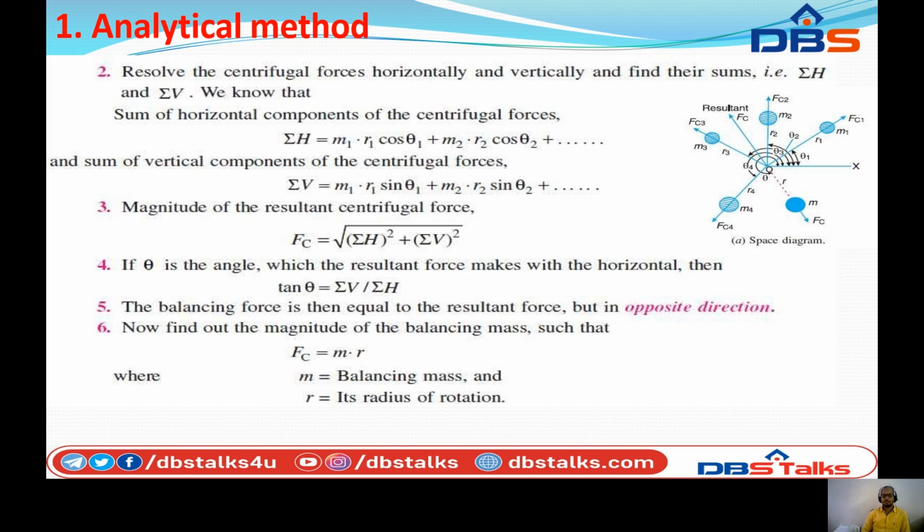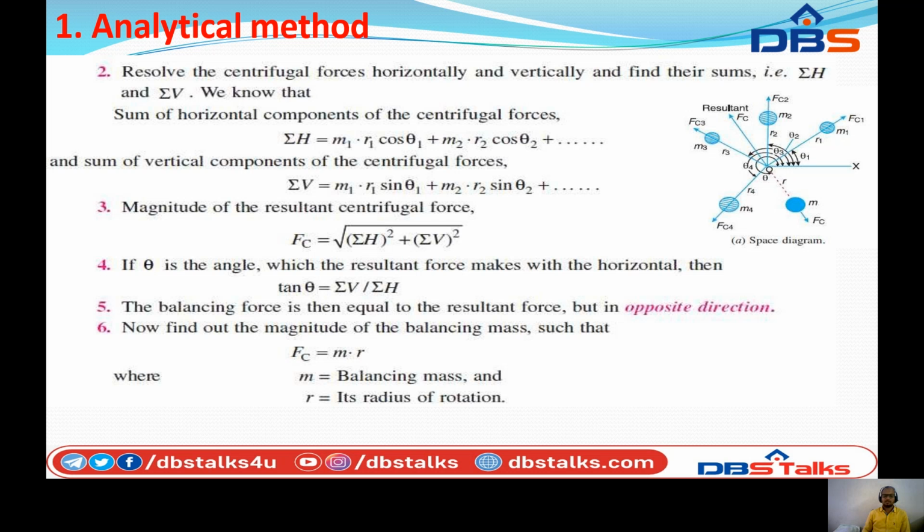Sigma H is equal to m1 r1 cos theta 1, m2 r2 cos theta 2, and so on, up to m4 r4 cos theta 4. Also, the sum of the vertical components of the centrifugal forces, sigma V, is equal to m1 r1 sin theta 1, m2 r2 sin theta 2, and so on, up to m4 r4 sin theta 4.